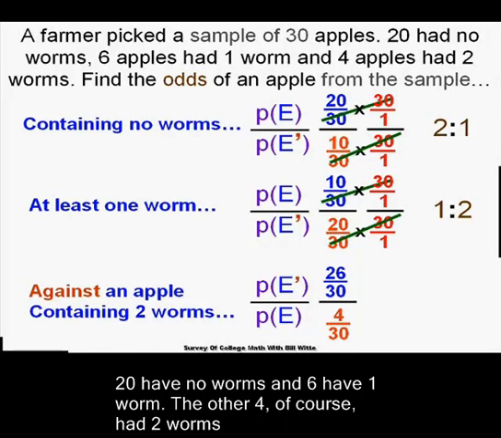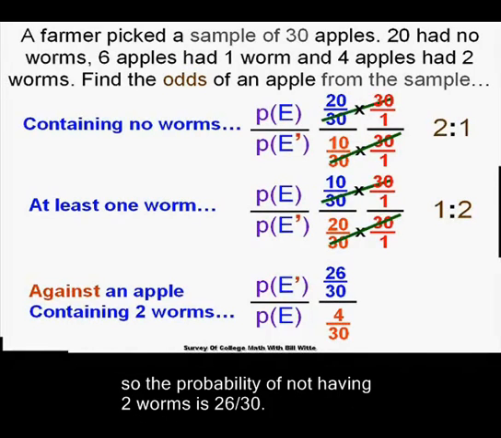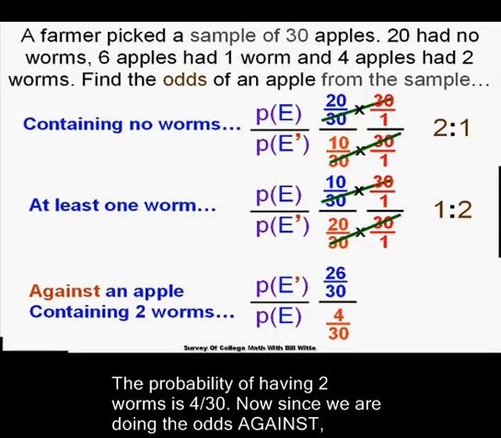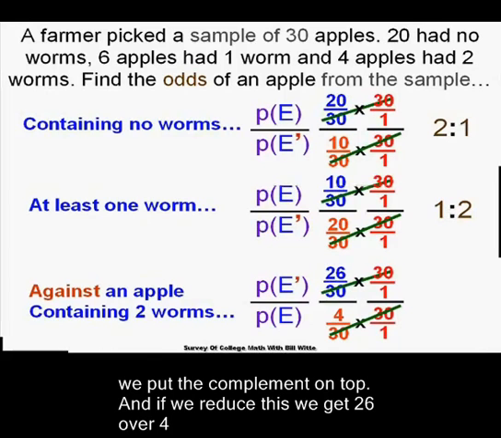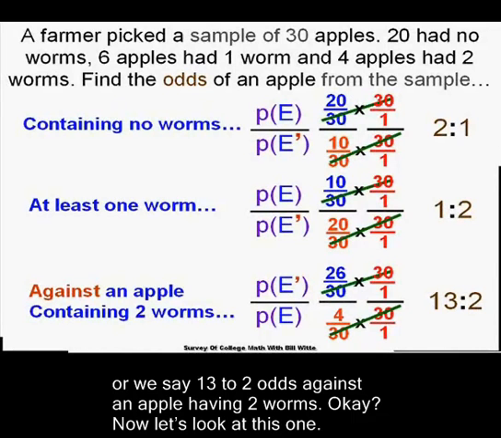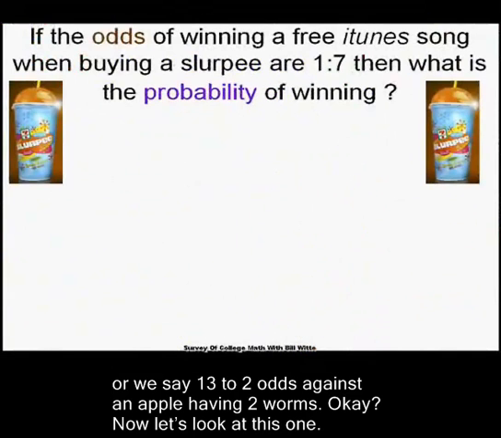We had 20 with no worms and 6 had 1 worm. The other 4, of course, had 2 worms. So the probability of not having 2 worms is 26 out of 30. The probability of having 2 worms is 4 out of 30. Now we're doing it against, so we put the complement on top. And to reduce this, we get 26 over 4, or 13 to 2 odds against an apple having 2 worms.